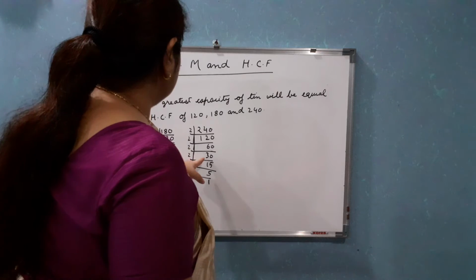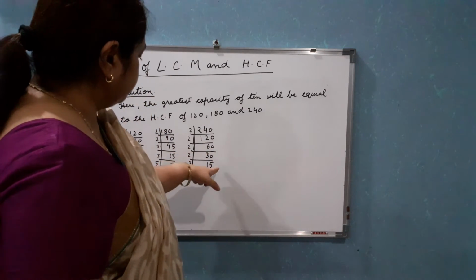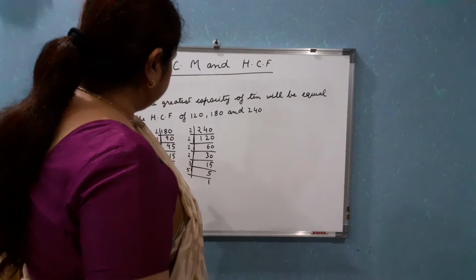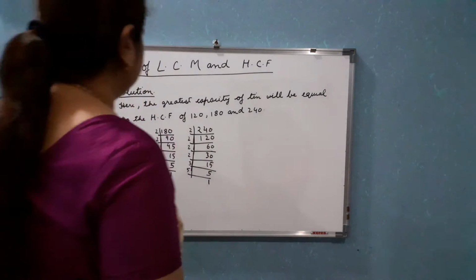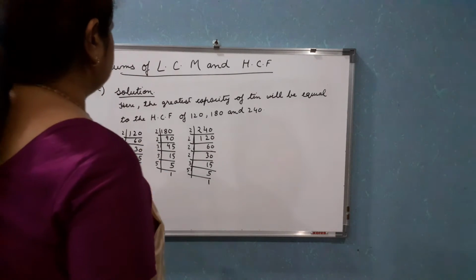Then 2 3 is 6. Then 2 30 60. Then 2 15 is a 30. Then 3 5s are 15 and 5 1s are 5. So now find out the common factors of these three.